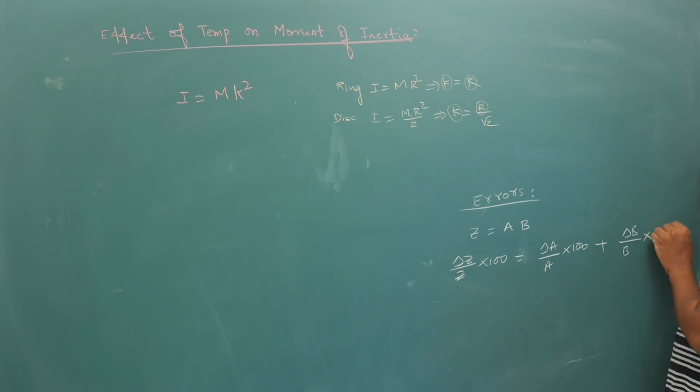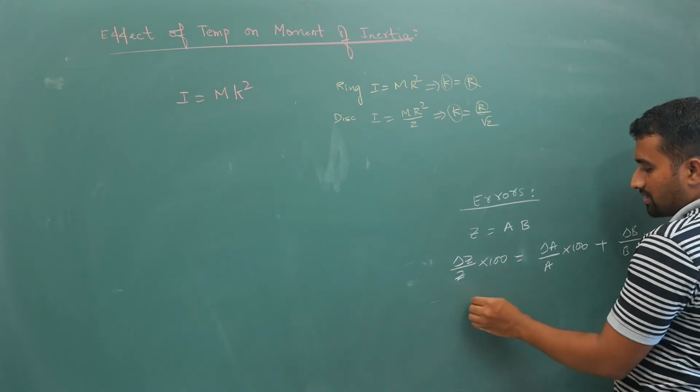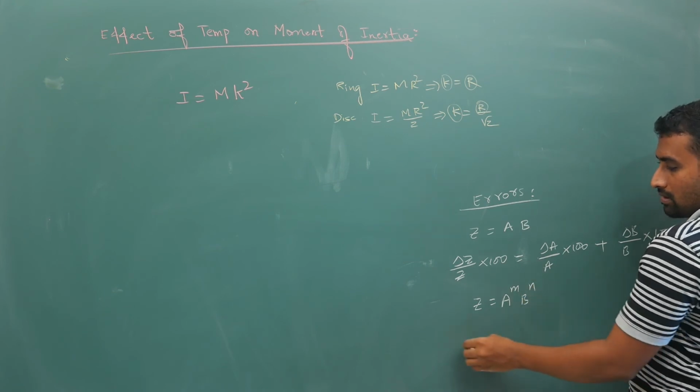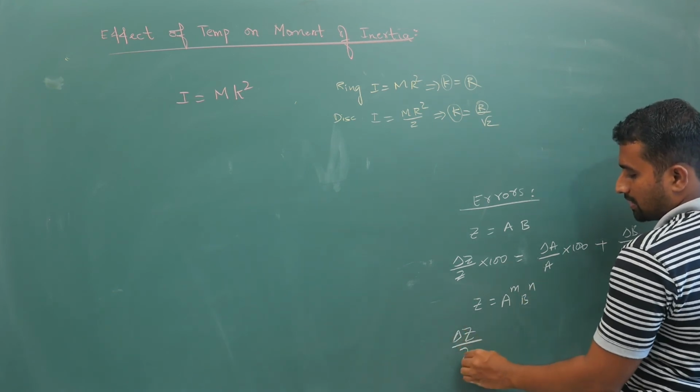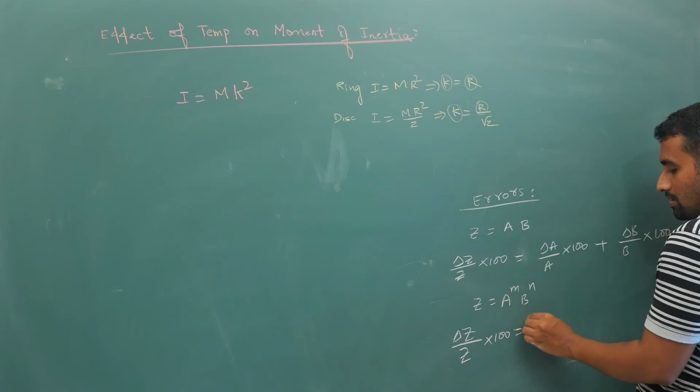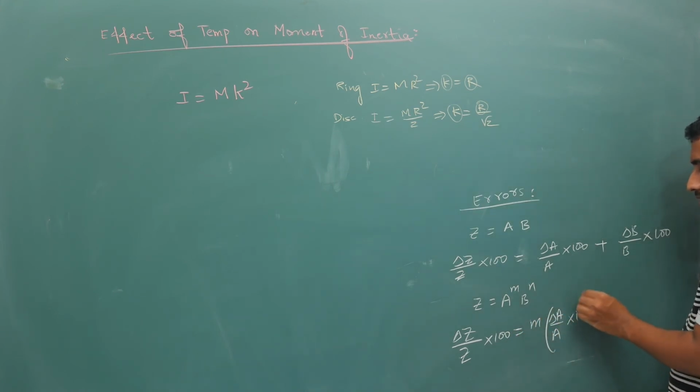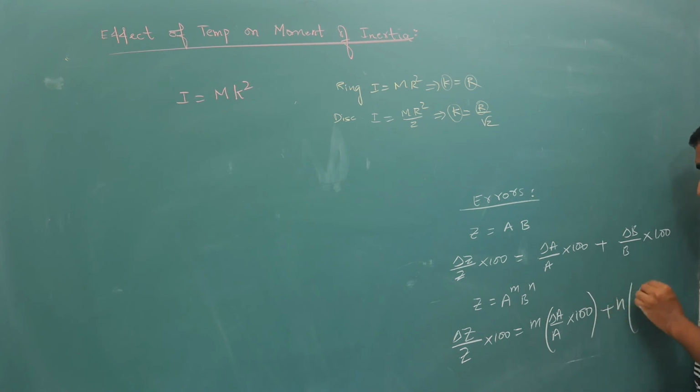If you have, for example, z is equal to a power m b power n, then your delta z by z into 100 will be m times delta A by A into 100 plus n times delta B by B into 100. Okay, power what is there, that becomes the coefficient.